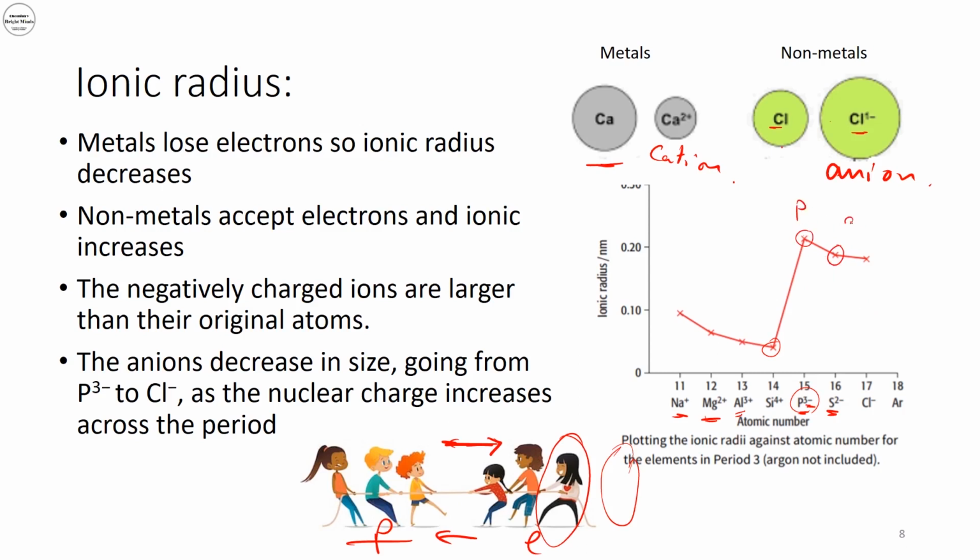So I have here phosphorus, here sulfur, and here chlorine. The chlorine anion only gained 1 electron, sulfur gained 2, and phosphorus gained 3. This is why phosphorus will have the largest anion radius, because it gained the most electrons.